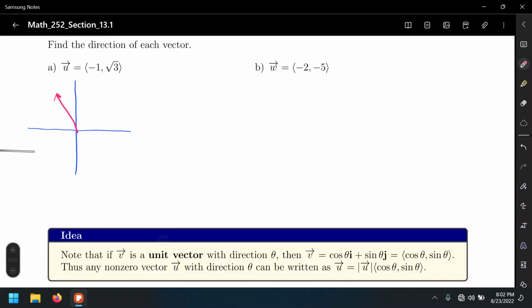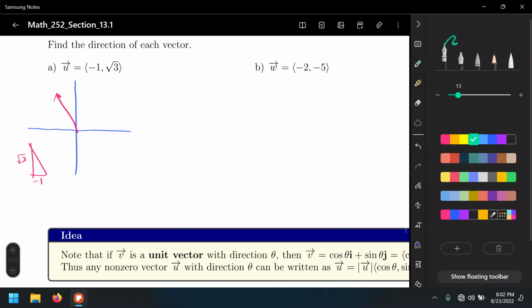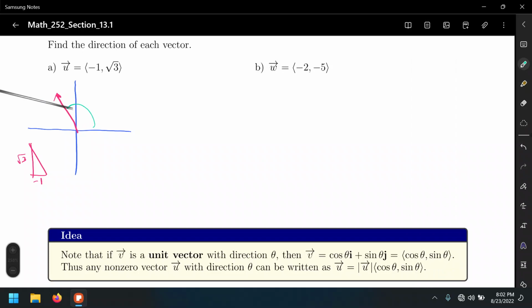If we relate this to a triangle, that's root of 3 and negative 1. Of course, you can use the unit circle or the special triangles, using either one. What do we have here? 120 degrees.